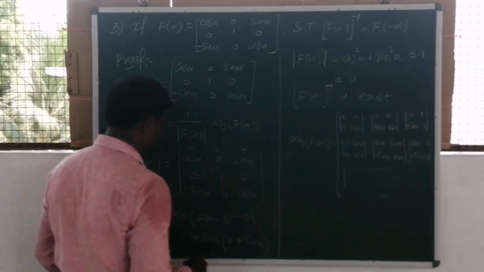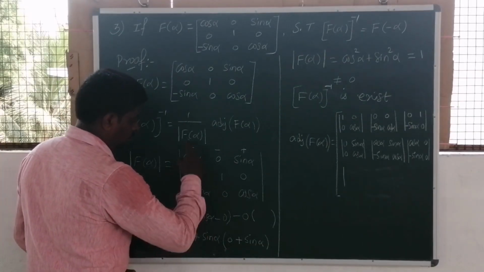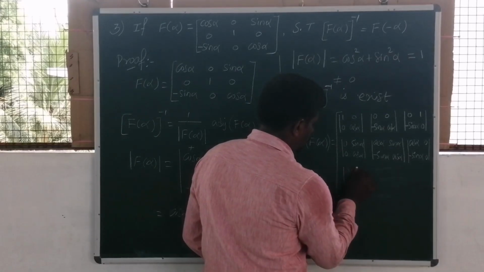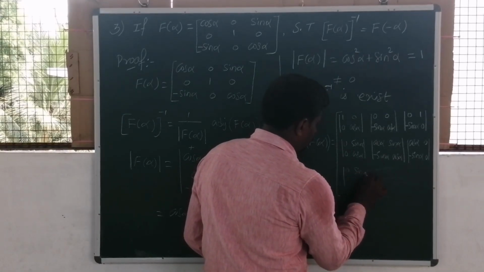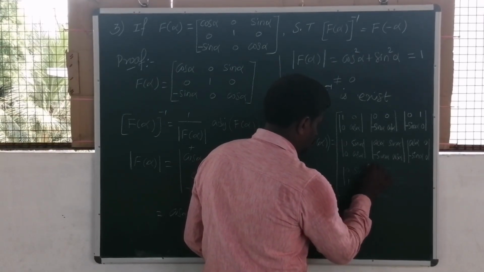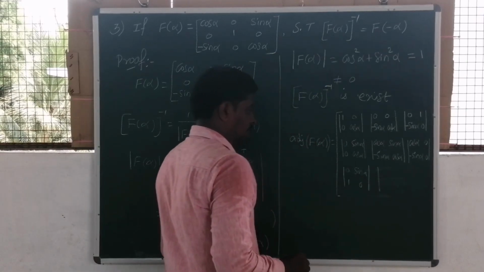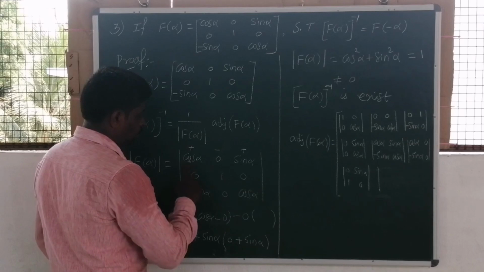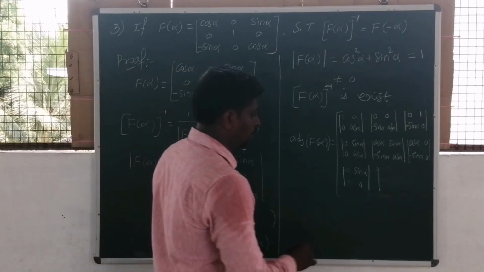The seventh element, third row first column, is 0 sin alpha 1 0. The eighth element, third row second column, is cos alpha sin alpha 0 0.